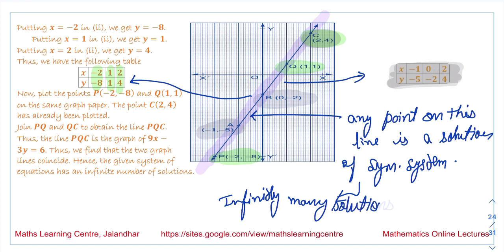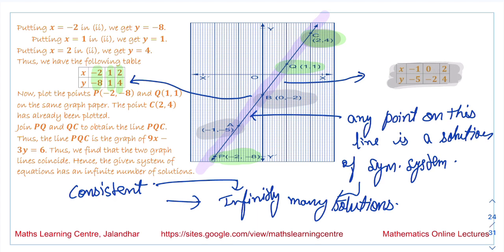So this system is consistent and it has infinitely many solutions. Consistent has two cases, one is unique and the second is infinite, and this is the example of infinitely many solutions, because both lines corresponding to the two equations given to us are the same. So this system has infinitely many solutions.